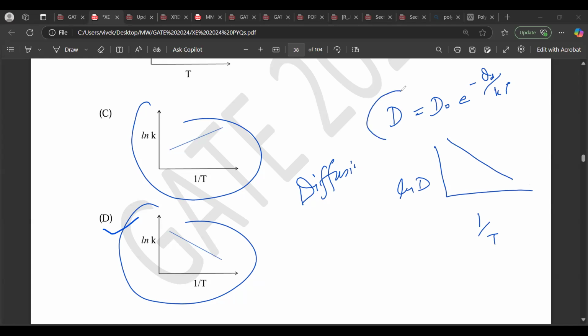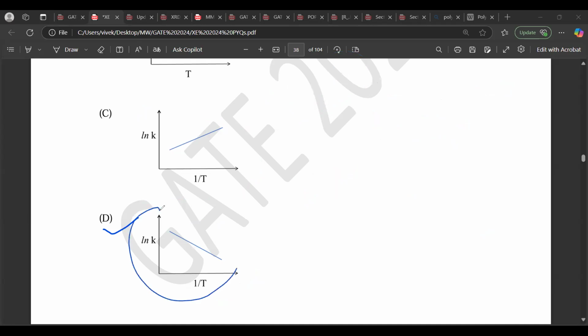This equation is very similar to the Arrhenius equation where rate is decided. Your rate constant k is A e to the power minus Q by kT. Is it different? No. It is exactly the same as the diffusion equation, where k is your rate constant which changes with T. So here comes the mathematics of ln k versus 1 by T. How to get that? k equals A e to the power minus Q by kT.